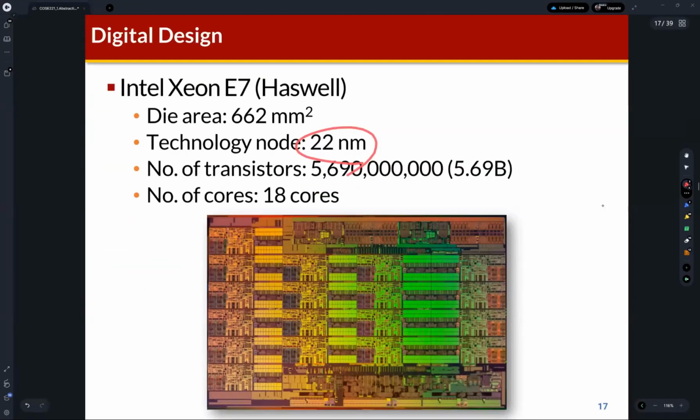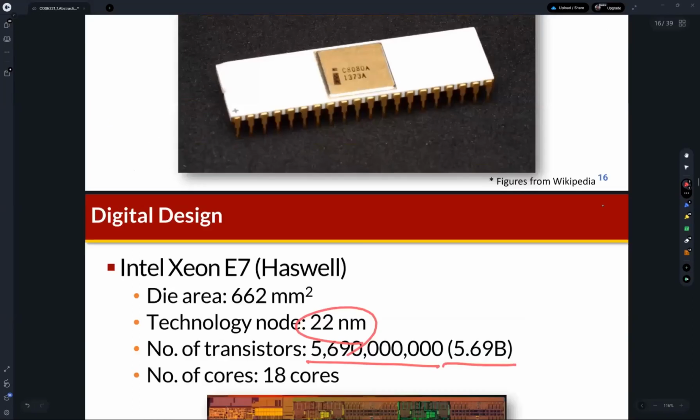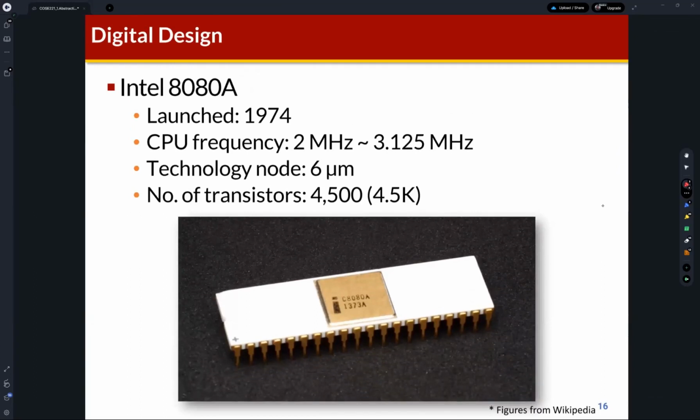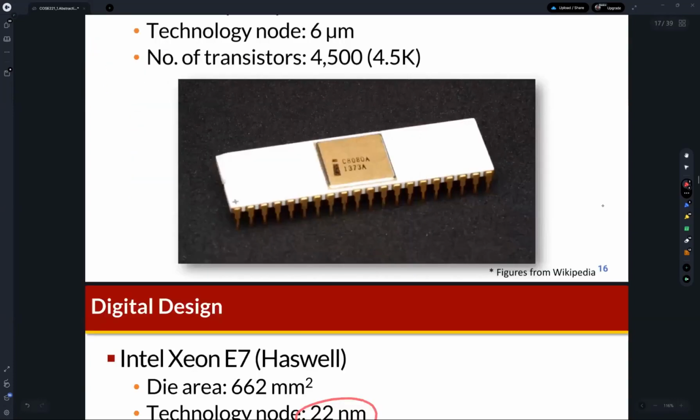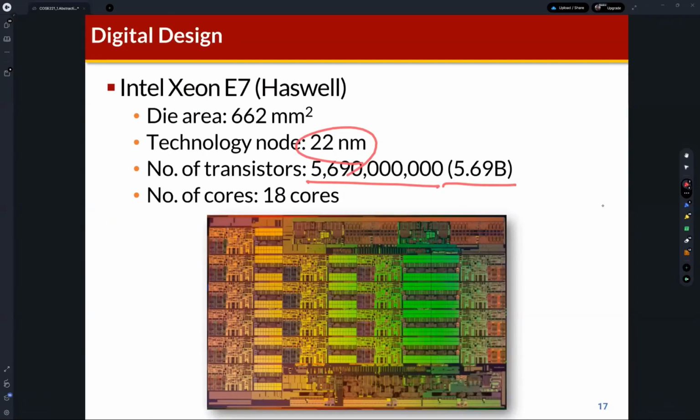And then for transistors, it's not easy to count the number of zeros in this number. The number of transistors is actually 5.7 billion. The first CPU includes 4.5K, kilo transistors, but a modern CPU includes billions of transistors.